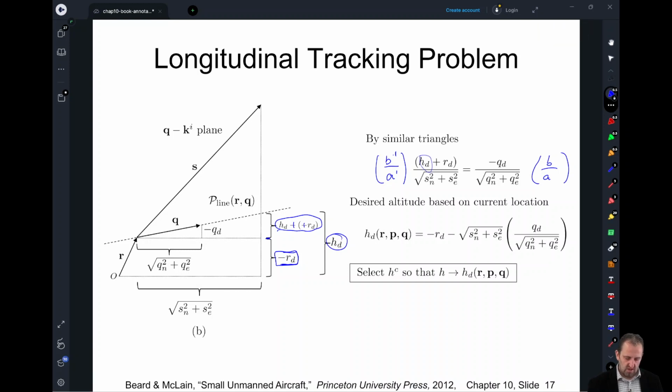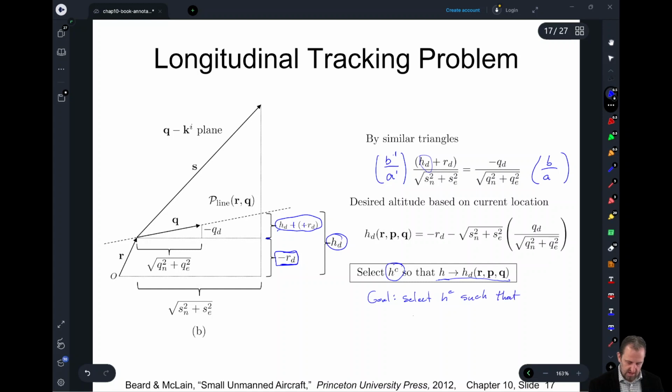Okay, so what we want to do is select our commanded height so that our actual height converges. So the goal: select our command such that actual height h converges to h desired.